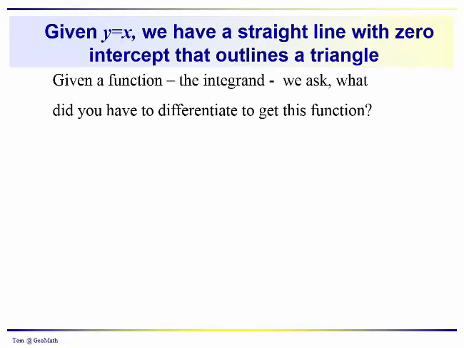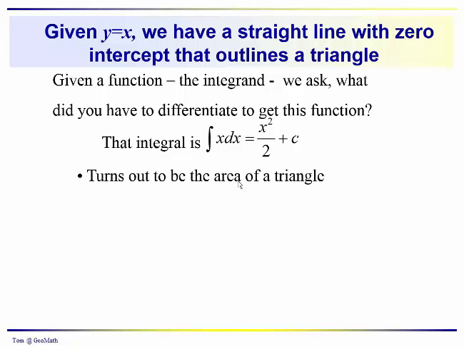So, this function that we've shown before, if we have a function like y of x, the integrand is x, and we're asking the question, what is it that we differentiate in order to get the integrand? And that turns out to be x squared over 2 plus c, and this is just a triangle.